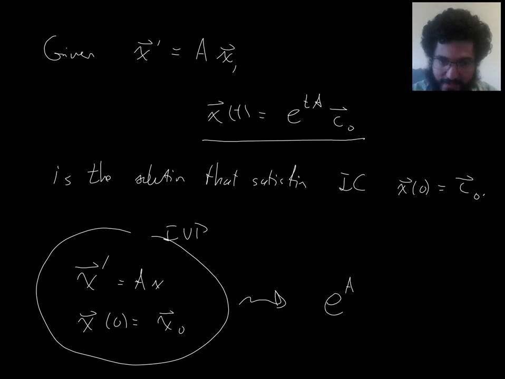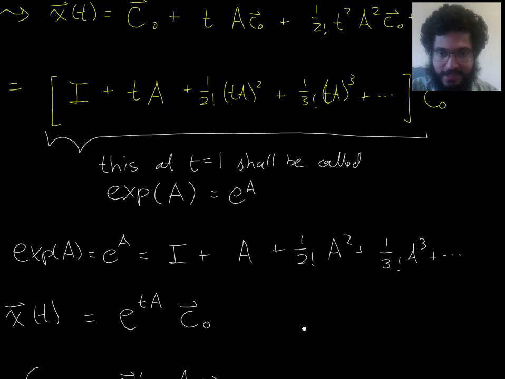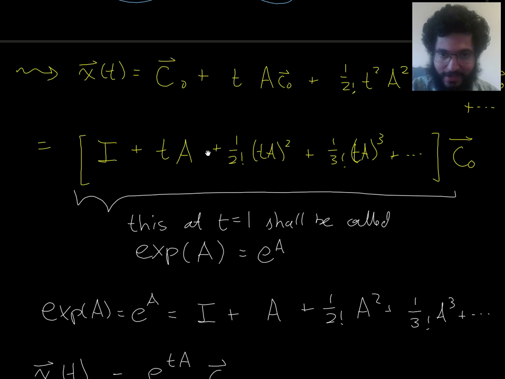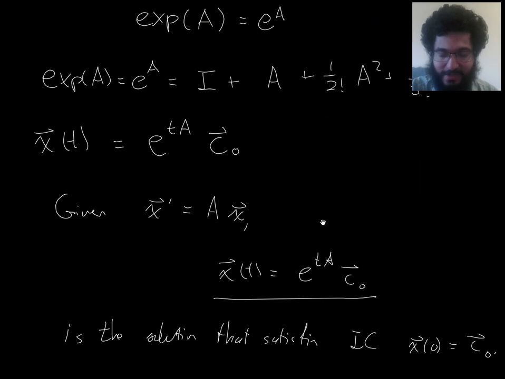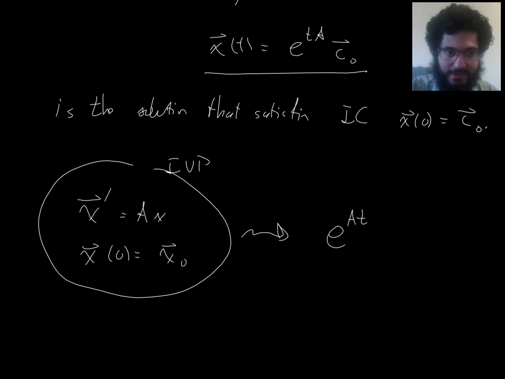First, figure out this matrix e to the at. Okay, that might take a while, but maybe we can do it. We're actually going to talk about it pretty soon. So work out what this power series is. I would not recommend directly trying to compute the power series, but you'll see there are ways to do it. Then your solution will be that power series applied to the initial condition.